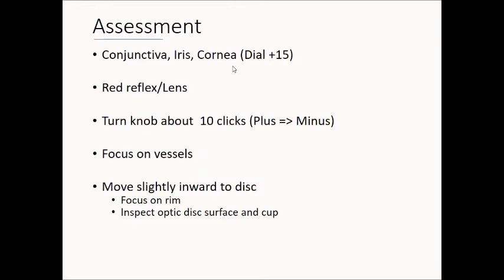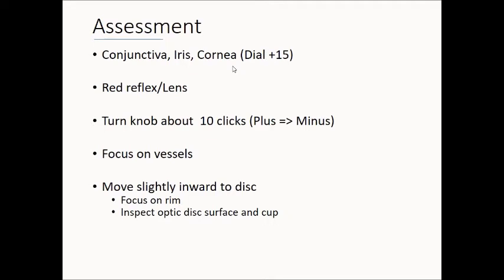When I find the optic disc, I want to first try to assess the rim of the optic disc and ensure that I can see clear borders. And then I want to inspect the actual optic disc itself to assess for things such as color and the size of the cup.